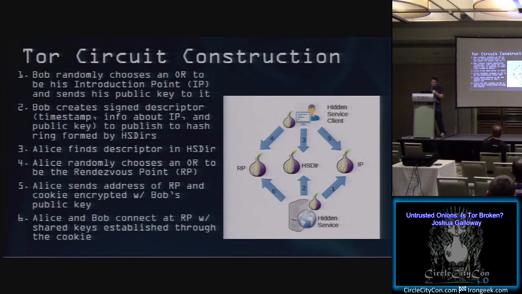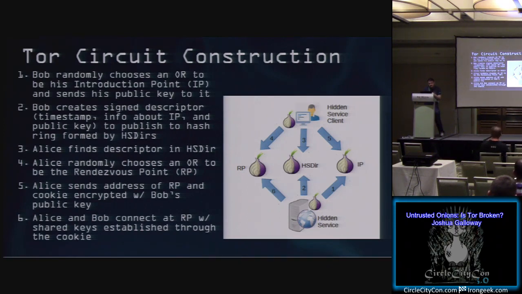Alright, so this is the part where it gets kind of different. What this attack does is it fingerprints different types of circuits. It's able to recognize different types of circuits within how Tor builds circuits. And so this is how Tor circuit construction works.